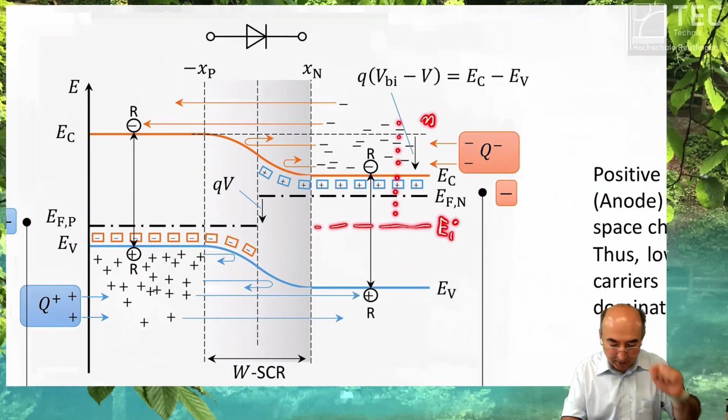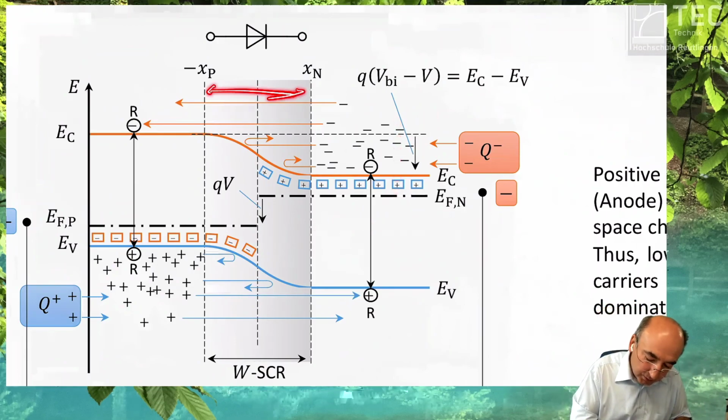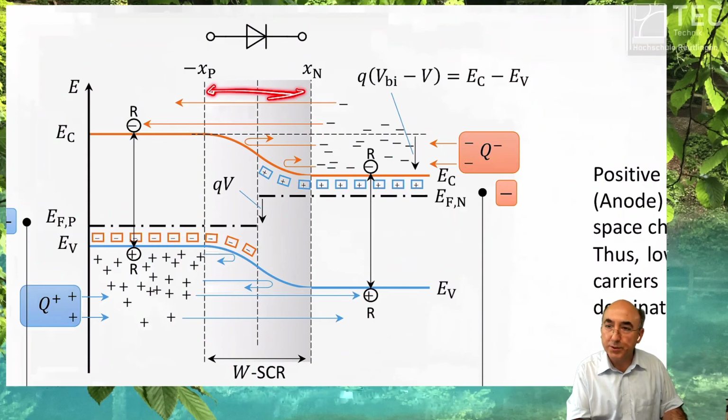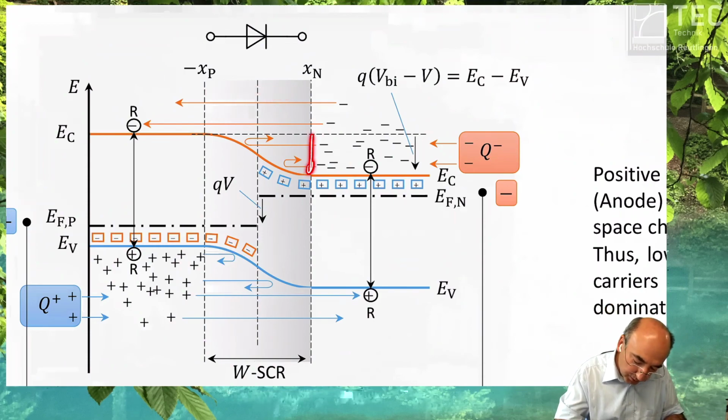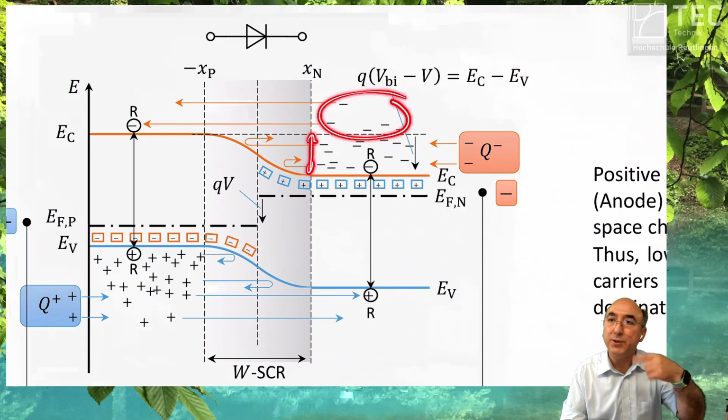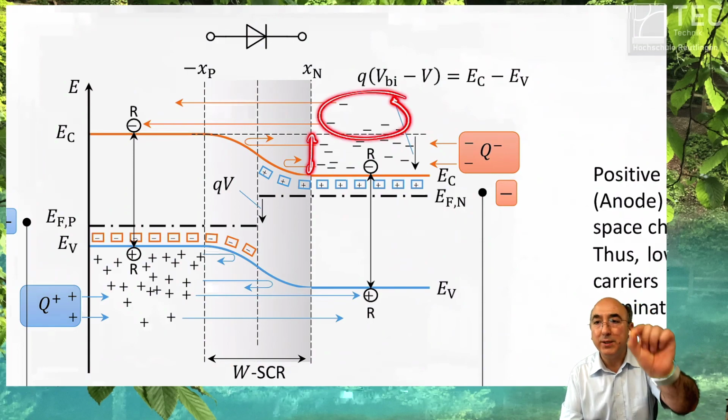And this means if you reduce your space charge, if you reduce your barrier, the amount of electrons increases exponentially.